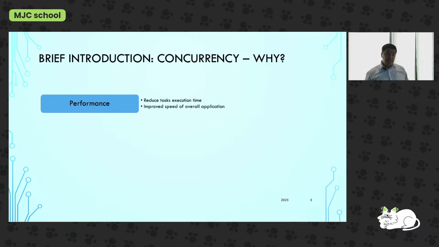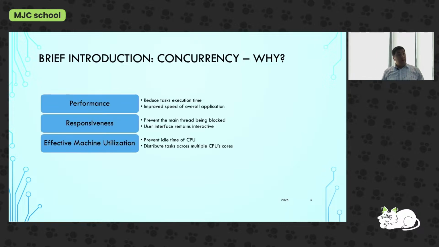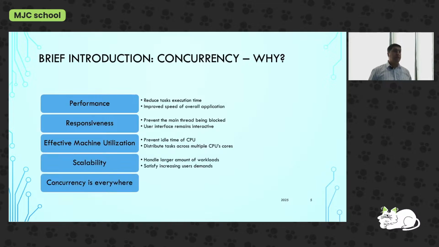Okay, why do we actually need concurrency? Of course, it's about performance, responsiveness, and effectively utilizing CPU machines. For example, nowadays we have multi-core CPUs, so in order to prevent idleness, server-side code should be as concurrent as possible.